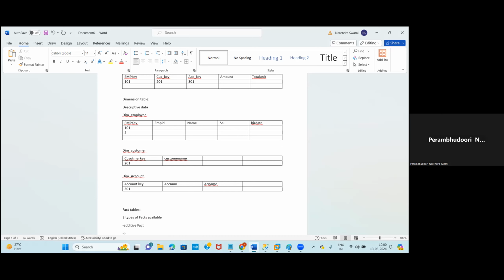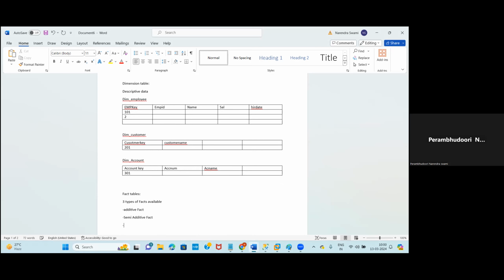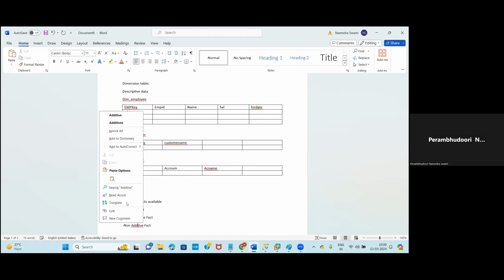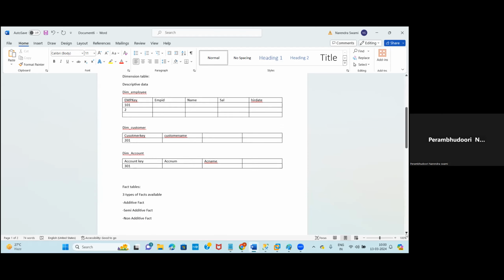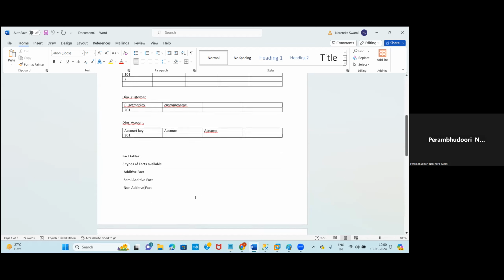Second one is semi-additive fact. And third one is non-additive fact. So remember, these are the facts only, not fact tables. So what is additive, semi-additive and non-additive? We'll see.